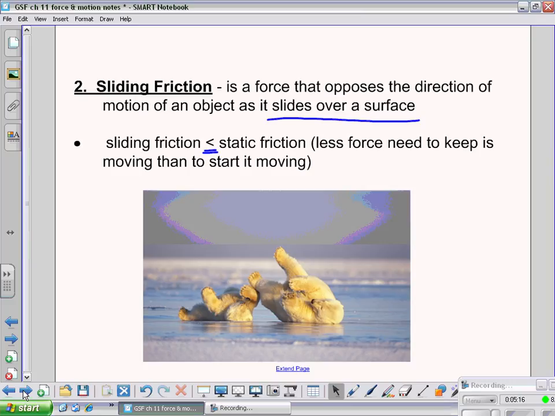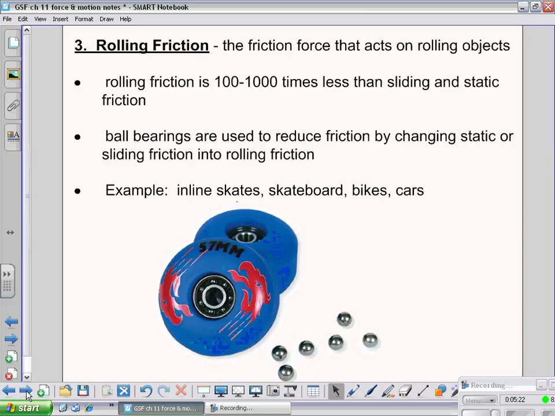And what's even easier than sliding something is to put it on a dolly, put it on a cart and roll it, because rolling friction is really a lot less. The friction force that acts on rolling objects is called rolling friction. And it is 100 to 1,000 times less than sliding and static friction.